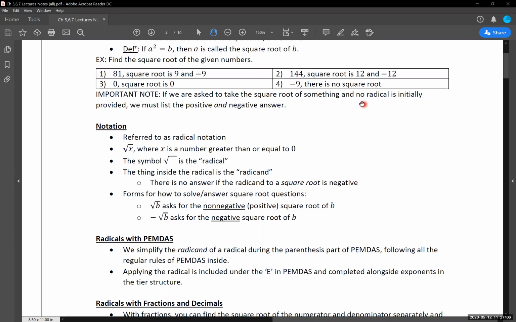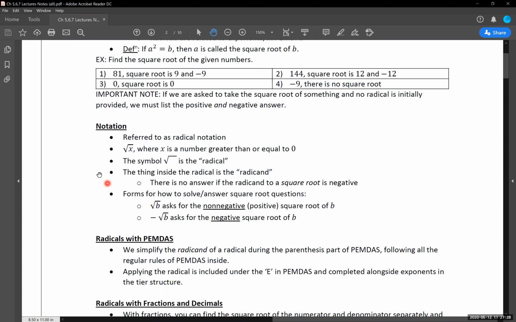Okay, so we see it showing up here, something with no radical given, and you'll see it referred to in later classes as the radical as well. So this symbol, that's the radical. The thing that's inside of the radical is referred to as the radicand. So in this case, it's going to be x.